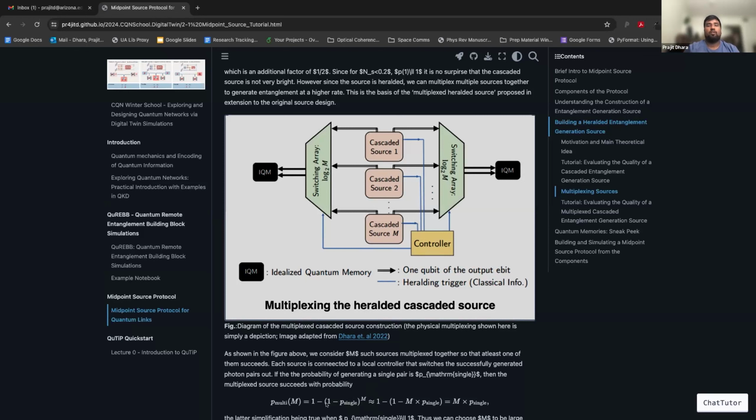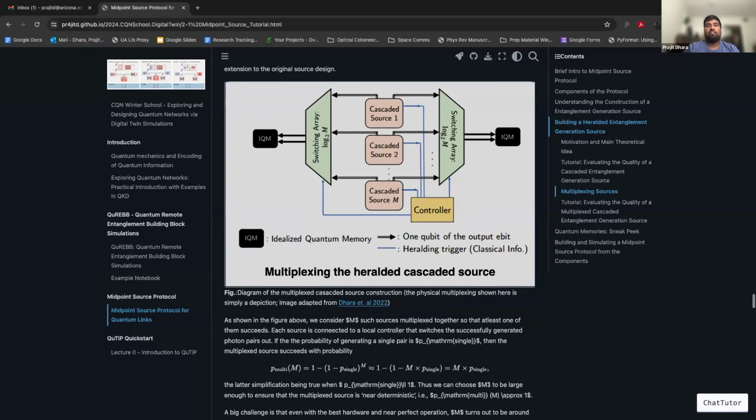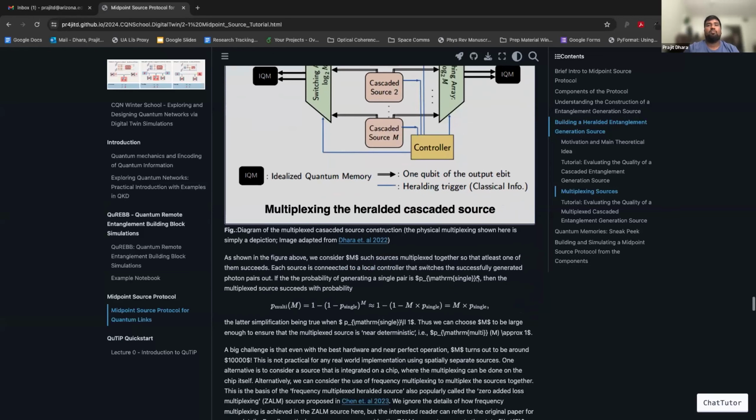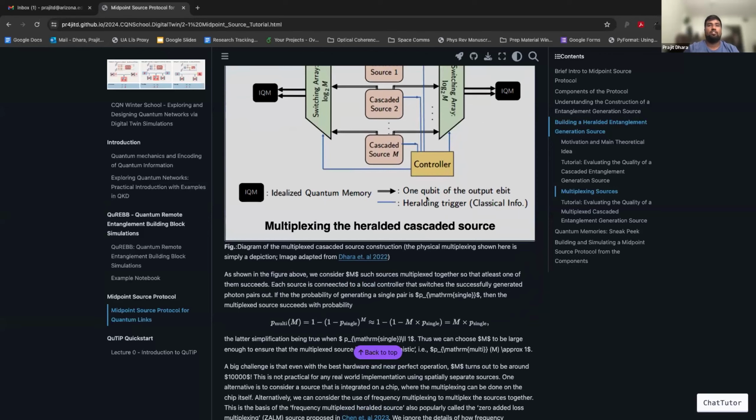The probability that at least one of them will succeed, P multi of M, is 1 minus the probability that all of them have failed, which is 1 minus (1 minus P single) raised to the M, which in the limit of small P single or large M, you can write as follows. So P multi of M is roughly M times P single. So if I have P single of 1/10, then roughly having 10 sources or more is sufficient for me to operate the source in a near deterministic or quasi-deterministic fashion.